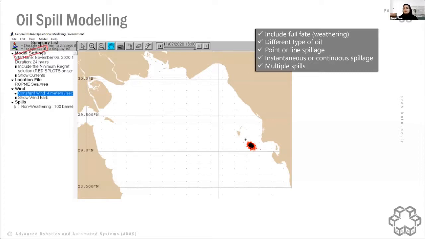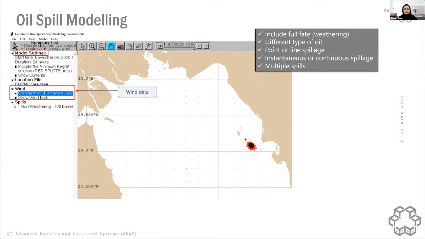You can see the model setting box here to enter the start date and the start time of the spillage, and then you should consider the wind data.